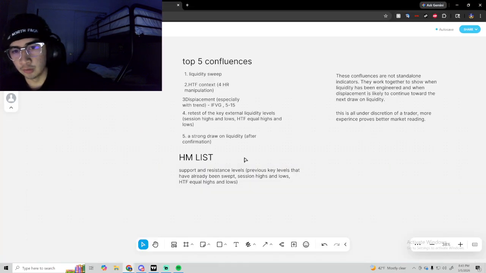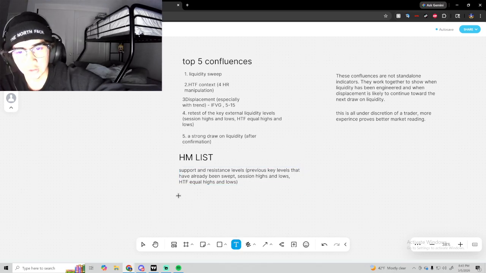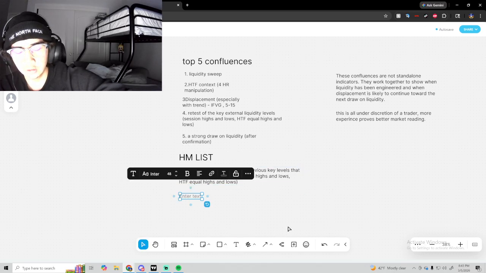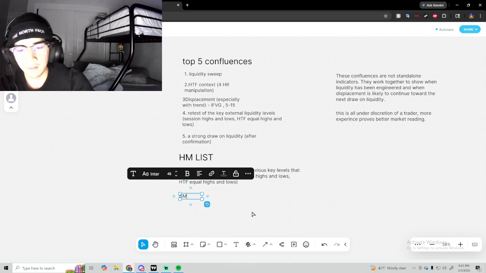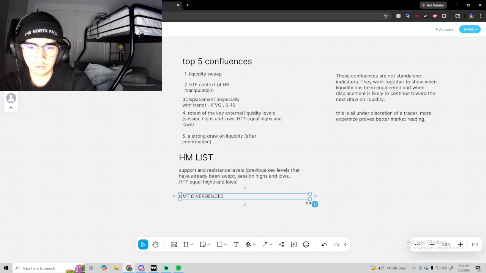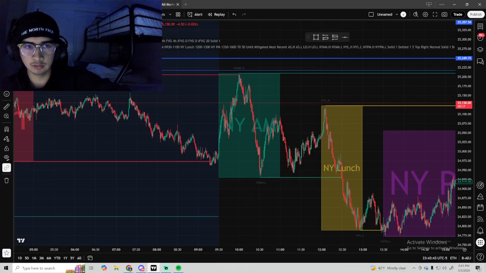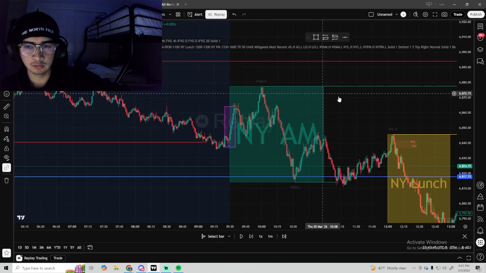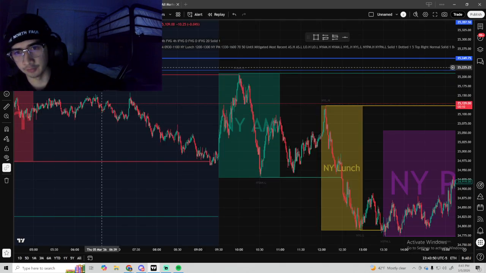Which is another point. You don't necessarily need SMTs to take a trade, and I don't really use them as much, but they can show you where reversals may happen or where you might want to take a break-even trade. So SMT divergences, what they are, they're just different levels on where ES and NQ, like, okay, they're a pair, right?